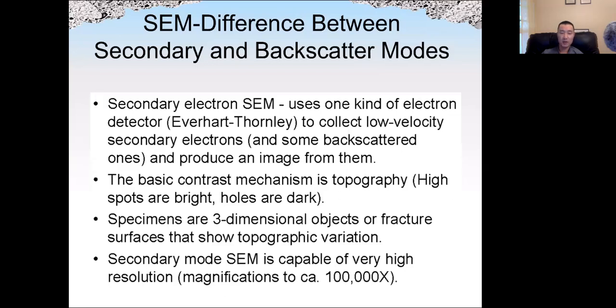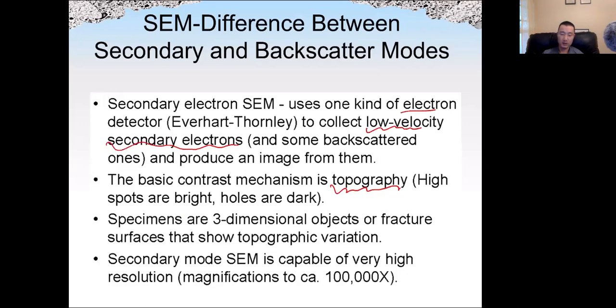So the secondary electron SEM, okay, uses a special type of detector which collects low velocity secondary electrons, and based on that produces an image. Okay. And we can see a 3D image, a topography, based on secondary electron SEM.